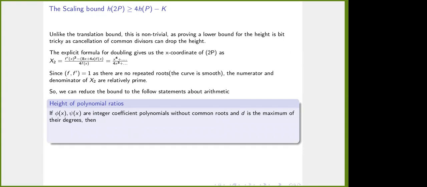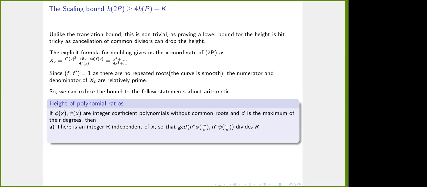Now we can reduce the bound to the following purely arithmetic statement. Suppose φ(x) and ψ(x) are integer coefficient polynomials, and d is the maximum of their degrees.